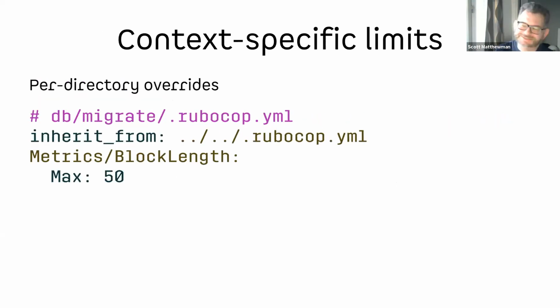Rather than disabling it for the whole repo, what you can do is add a config file into that folder and override the block length just for that folder. As long as you inherit from the parent one in the project root, all your other rules will be applied the same. And you can go further as well.